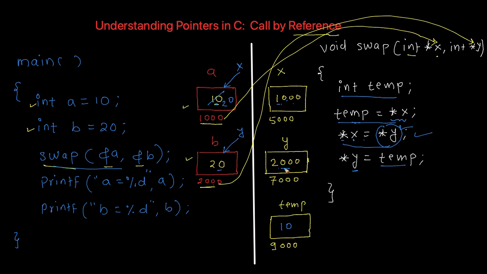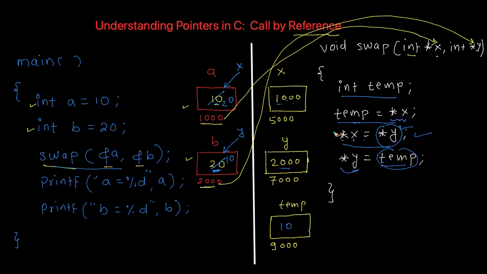Y is 2000, so value at address 2000, that is value here. Y is holding 2000, is equal to temp. So temp is 10, so this will assign 10 to B.